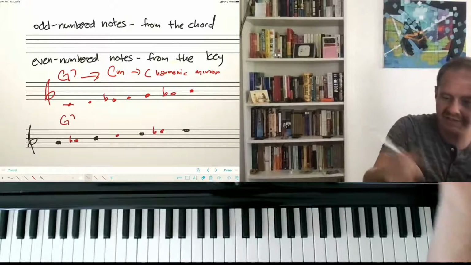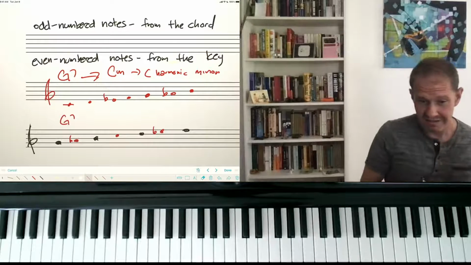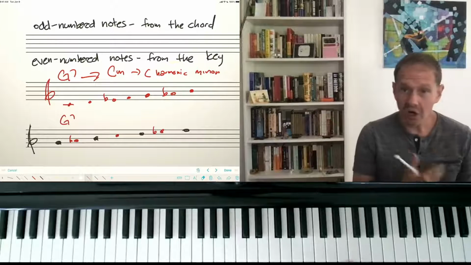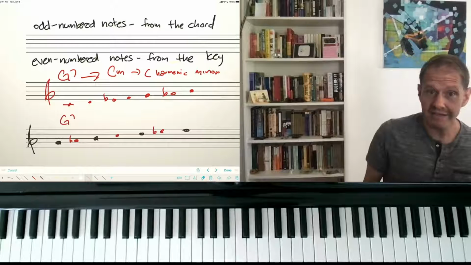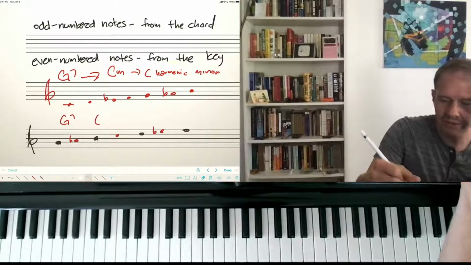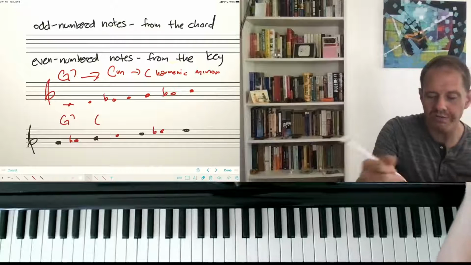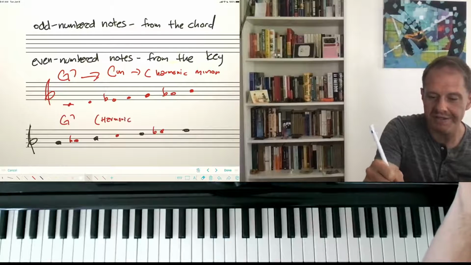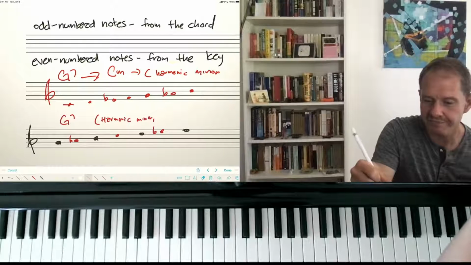So for a G7 leading to C minor, even if the chart does not necessarily say flat 9 and flat 13, this is going to be what you want to do mostly. And by the way, we would call this the C harmonic minor mode 5, or harmonic minor mode 5, because it's equivalent to the C harmonic minor scale.